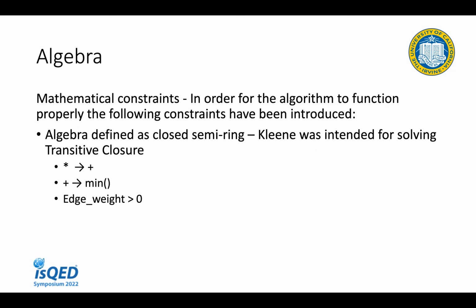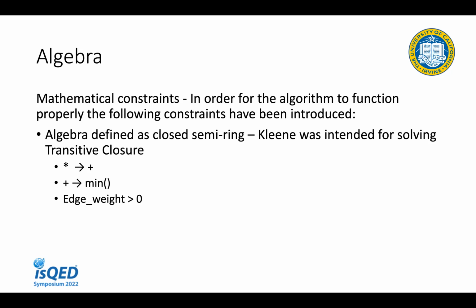However, in order to make all of this possible, we need to make some changes to the algebra we are using. And that is because Kleene's algorithm was originally designed to solve the transitive closure problem.